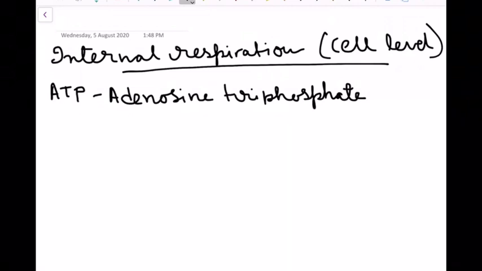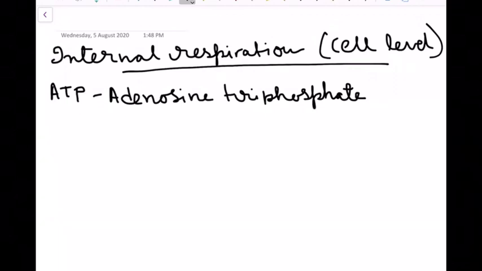Okay, now this term you have already come across during studying the chapter of cell. Now what is ATP? It is not an atom bomb. It sounds like atom bomb, right? ATP, but it is not atom bomb.